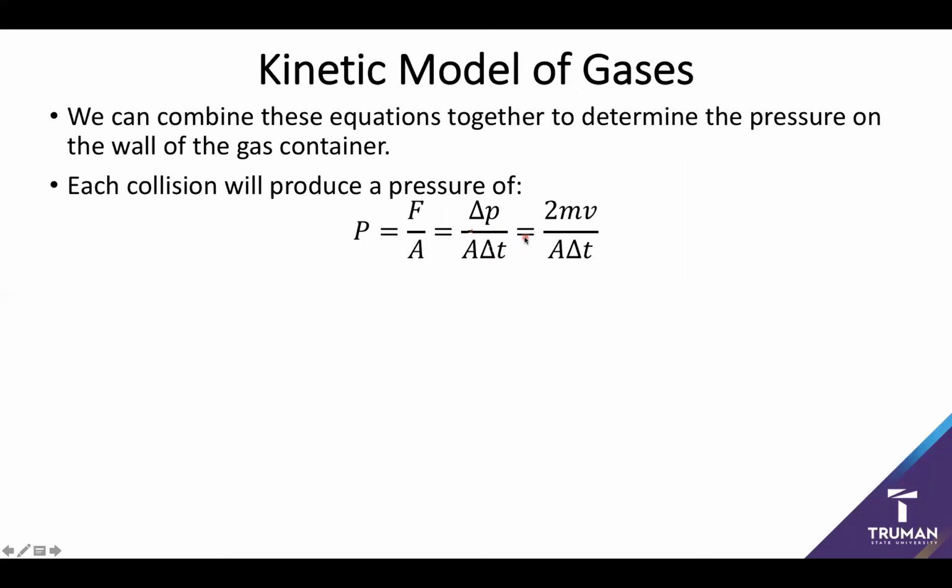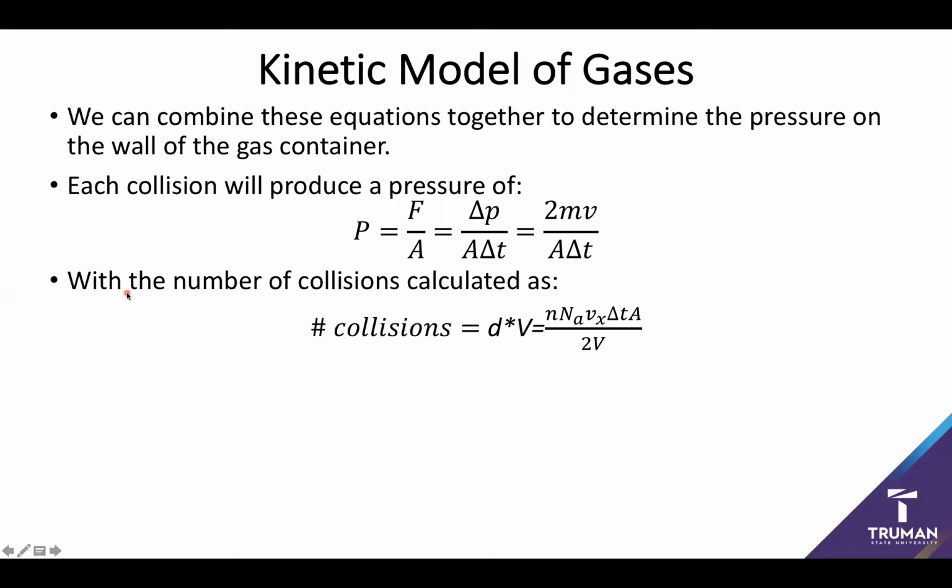And then what I can do is insert my change in momentum as twice mv, and I get a fairly simple overall pressure equation, which is related to the mass of the gas, the velocity of the gas, the area, and the time interval I'm measuring over. So what we can then do is try and determine the number of collisions that are going to give this pressure by, again, using my density times my volume.